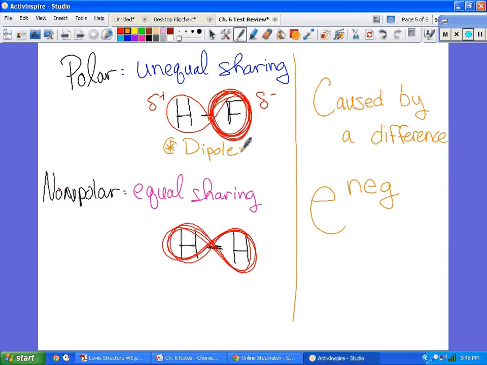However, today we talked about this. We talked about how an LDF is caused by that momentary shift in poles. Because most molecules are larger than this, but hydrogen has one electron. Will it always be 1 and 1? For a split second, it could be 2 and 0 on either side. So for that momentary split second, it can be different, but most of the time it's going to be that way.